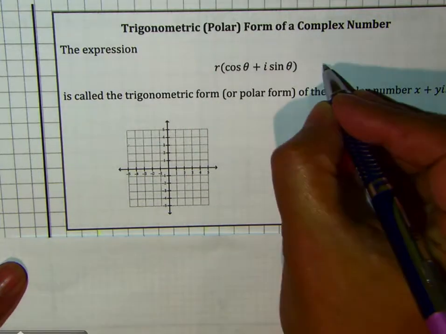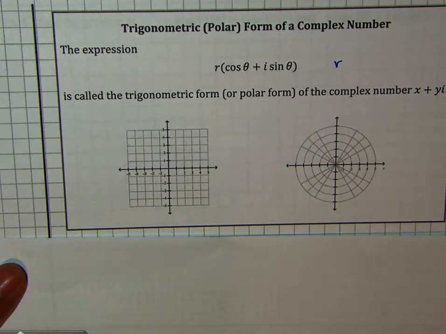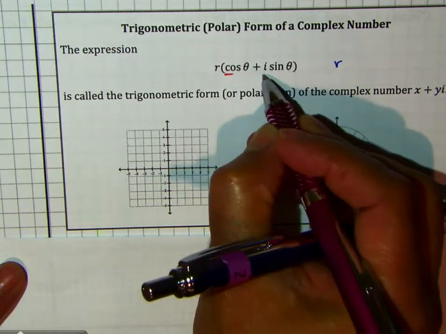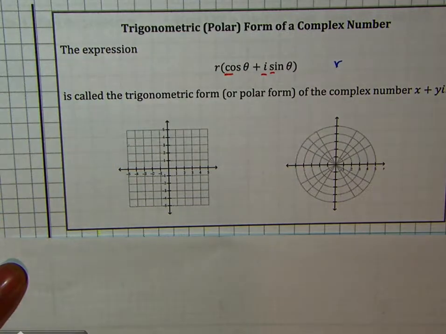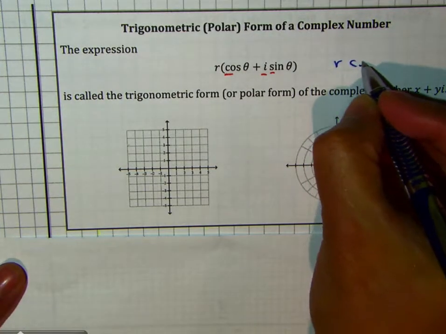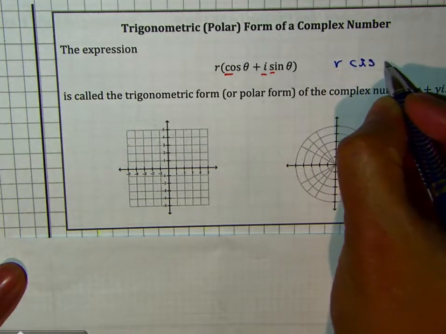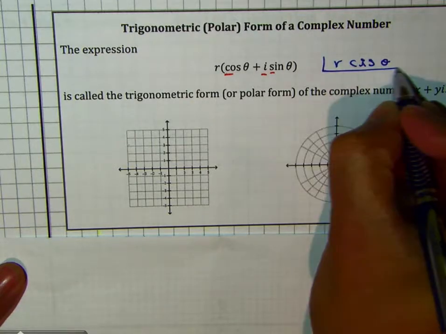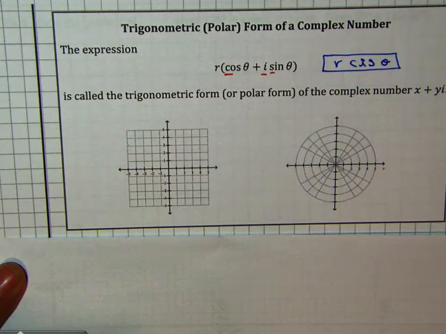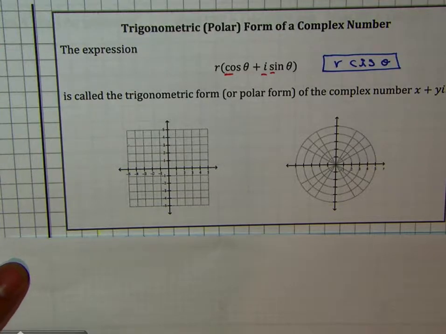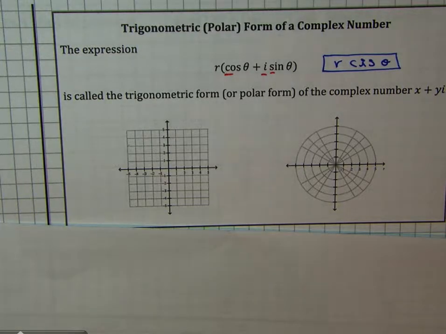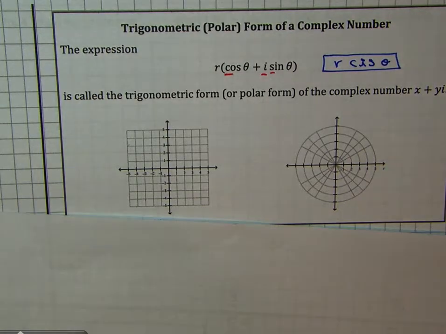Or we can rewrite it as R cis of your angle. Those two expressions are equivalent. And that's called the trigonometric form or polar form of the complex number x plus yi.